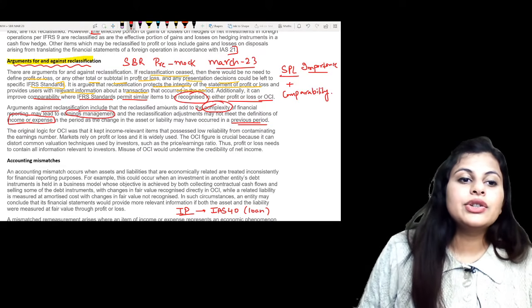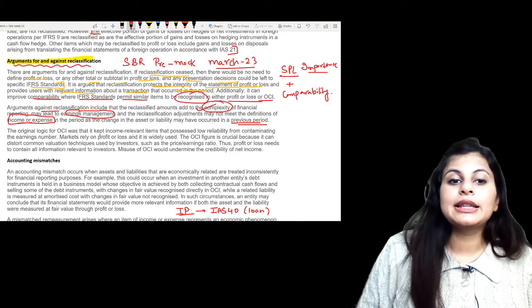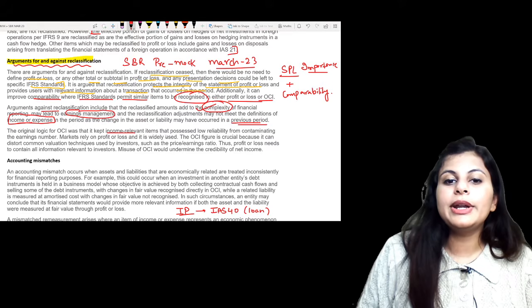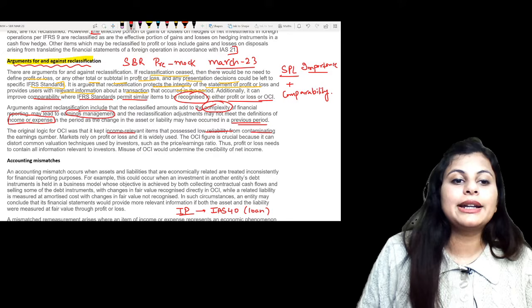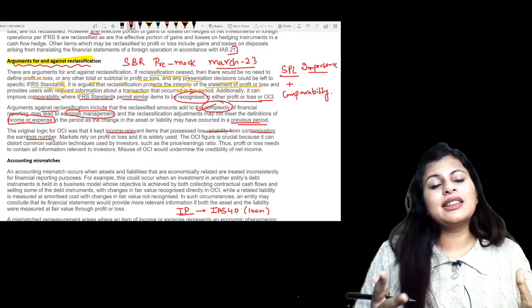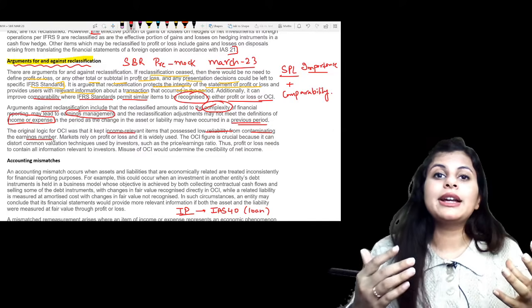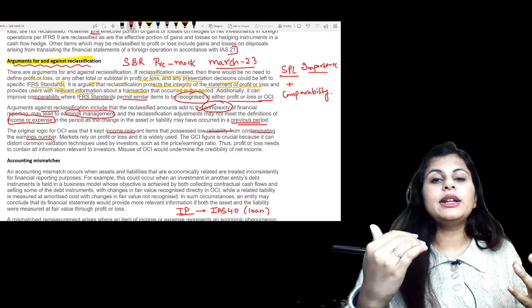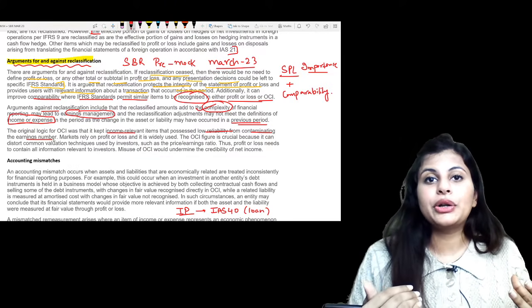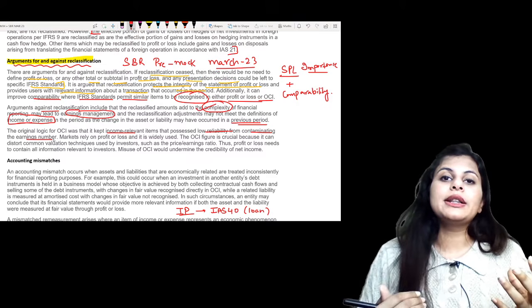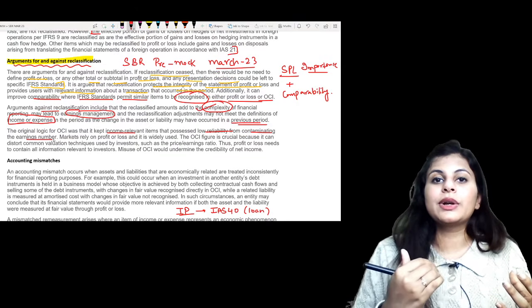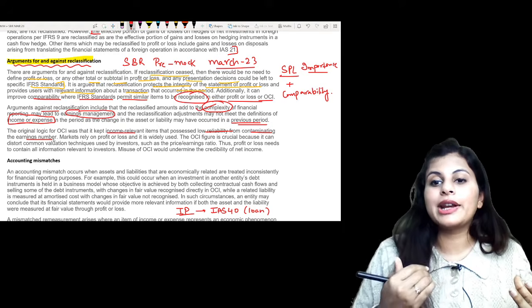Then the original logic of OCI was that it kept income relevant items that possessed low reliability from contaminating the earnings number. Again, they don't use good words for OCI. So they are saying that OCI was like lesser important. We didn't want to contaminate the statement of profit and loss. So less important things were put in OCI. That's what I said, not meeting the objective, unrealized.